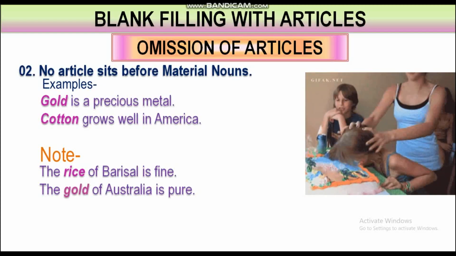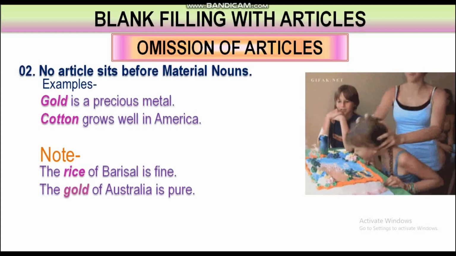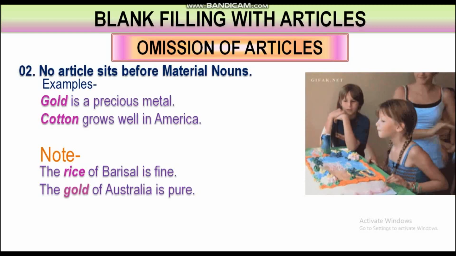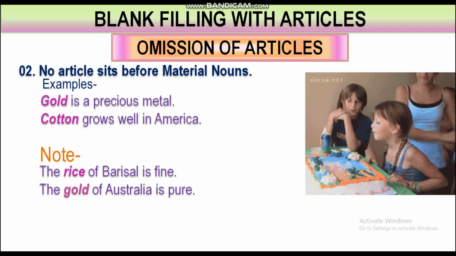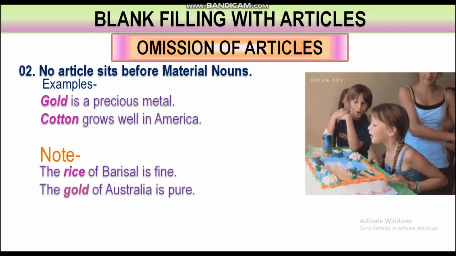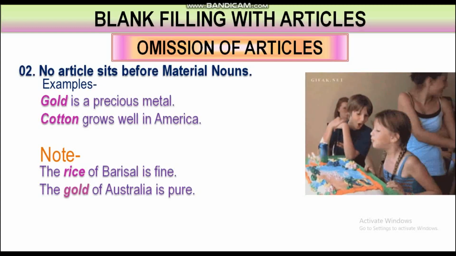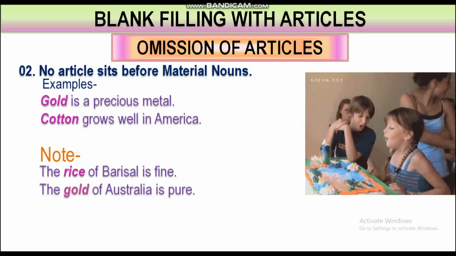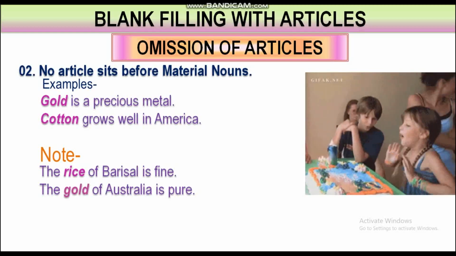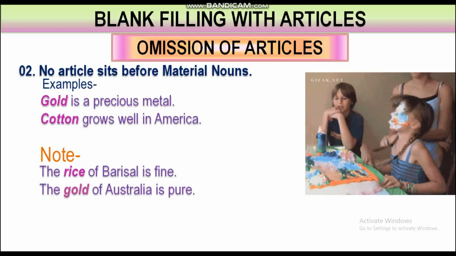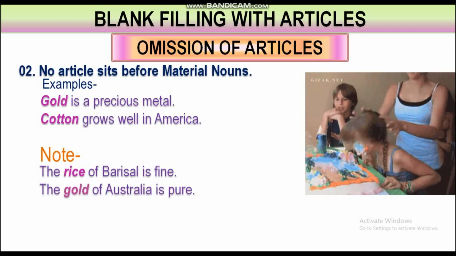The gold of Australia is pure. Here in the sentences, rice indicates definitely the place Borishal and gold to Australia, and that's why article the is used before them. I mean before the rice and gold.